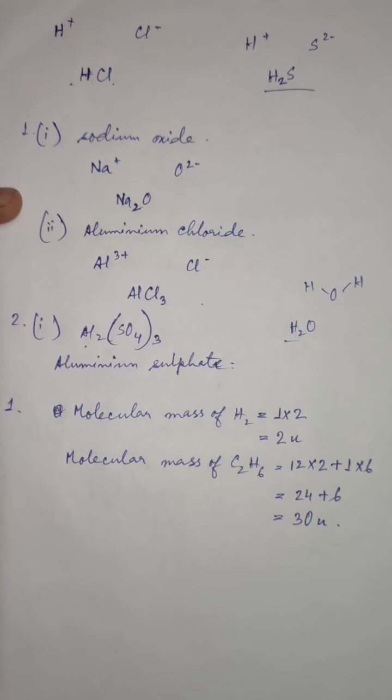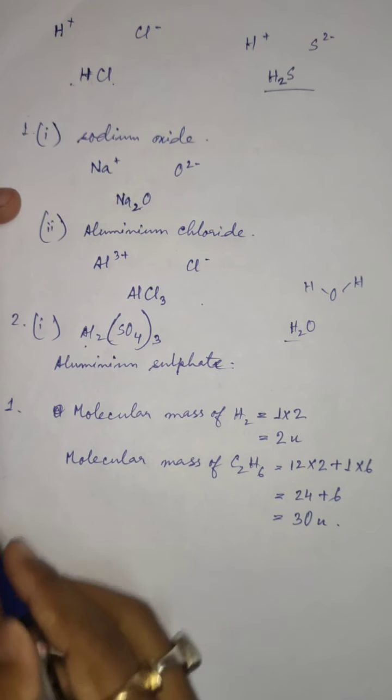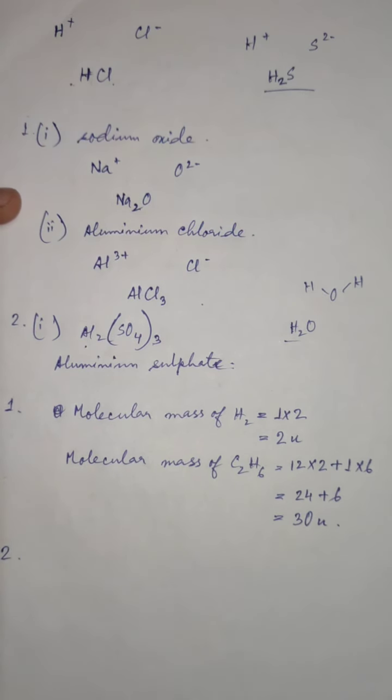Now number 2. We need to calculate the formula mass of zinc oxide, sodium oxide, and potassium carbonate.